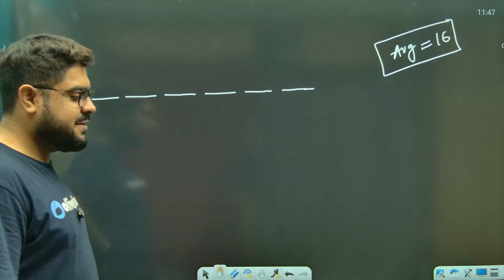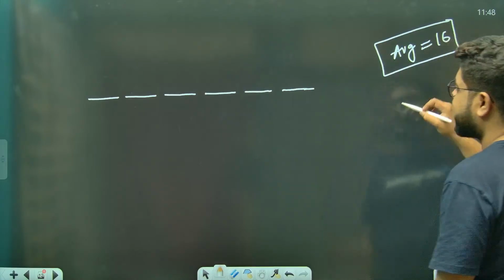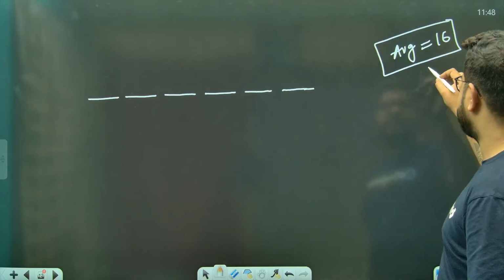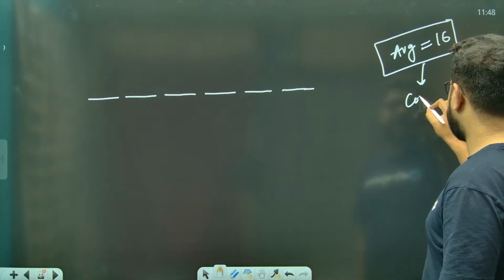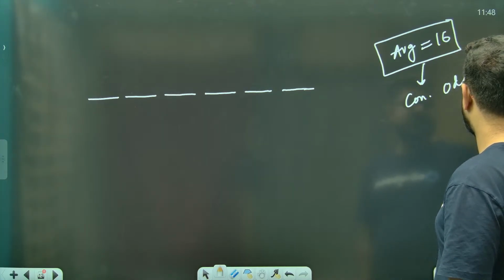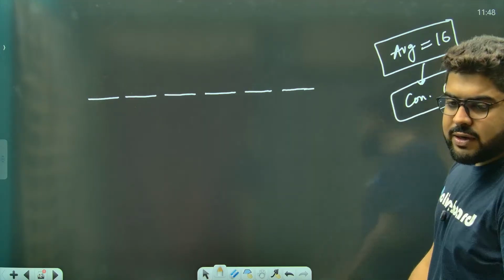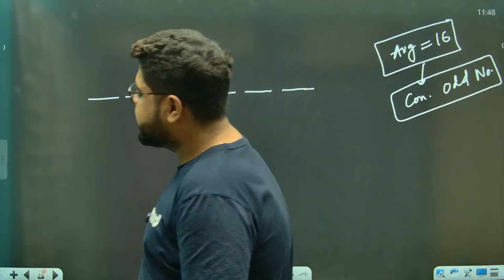I'm saying these are 6 consecutive odd numbers. Now what will we do? Let's see.